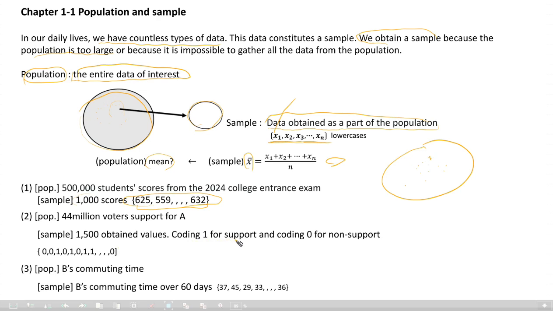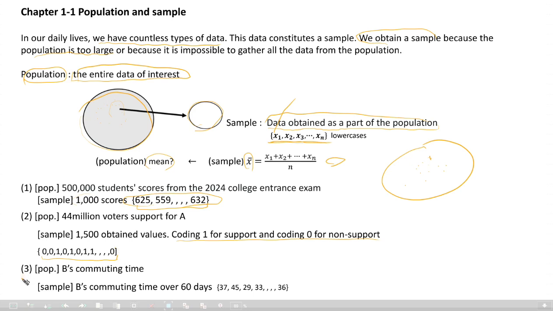If somebody supports A, then coding 1. Coding 0 for non-support. You understand this one? Say 1,500 ones or zeros. They are 1,500 ones or zeros, for example.